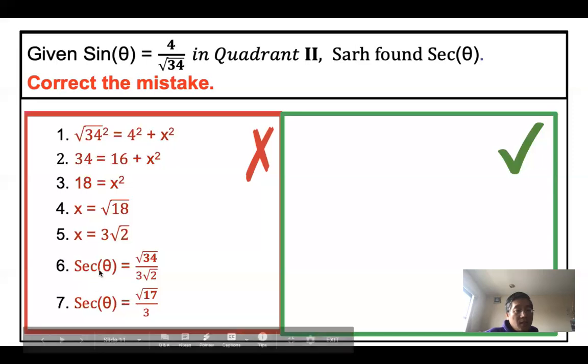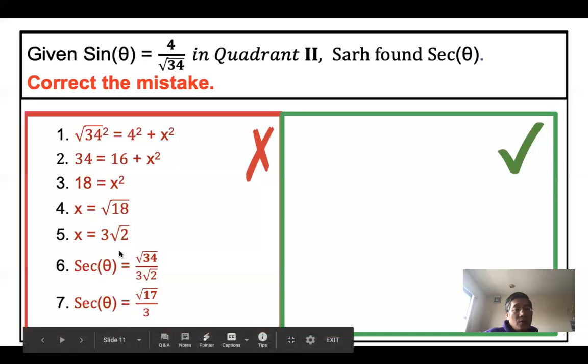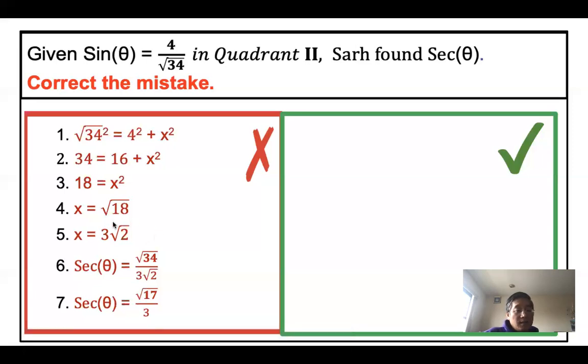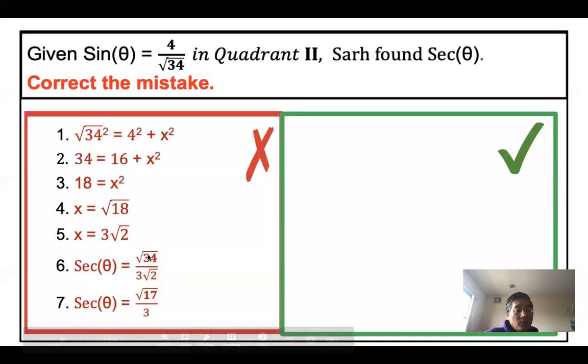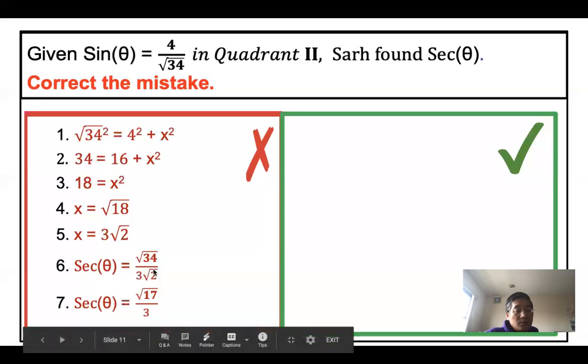Then, for secant, you should know the cosine, right? Cosine is what? Adjacent over hypotenuse. So 3 square root of 2 over the hypotenuse, square root of 34. But you should flip it for the secant, right? So square root of 34 over 3 square root of 2. Super correct, right?